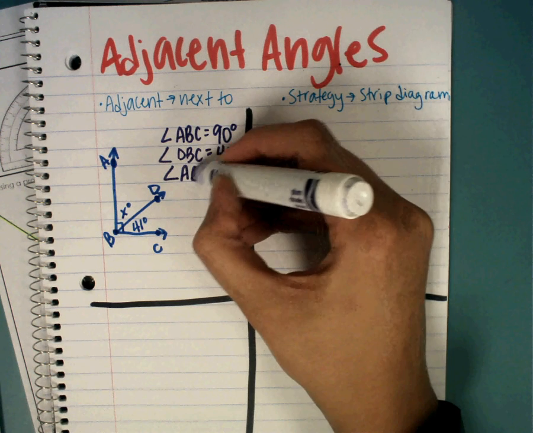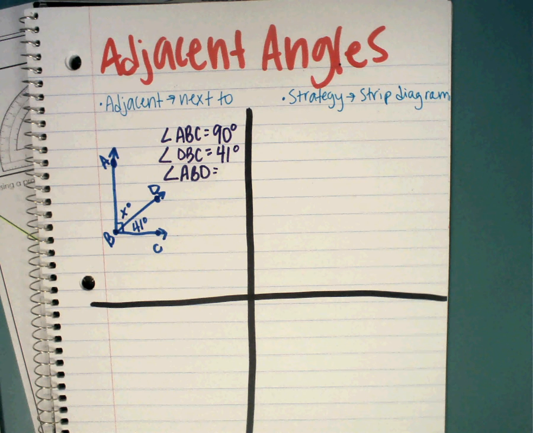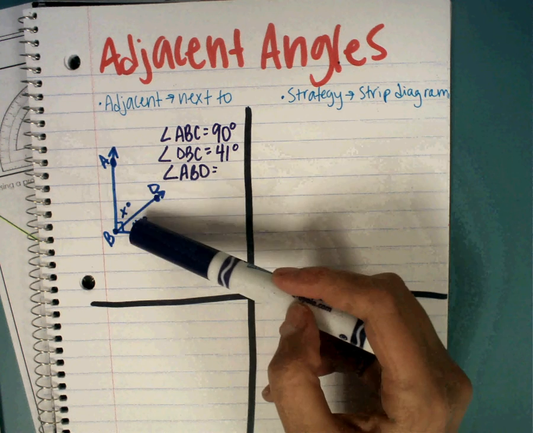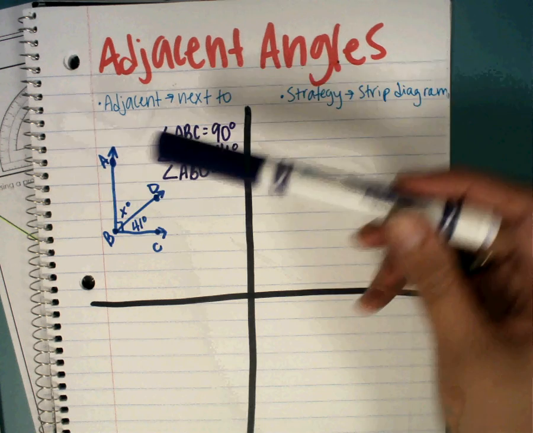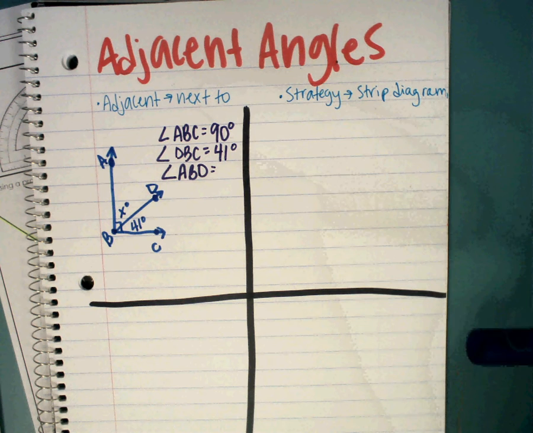That's what I'm trying to find, okay? I want you to think about what we have here. So all of this right here is a right angle, okay? These 2 angles together, added up, are going to equal 90 degrees. So how do you think I'm going to solve for x?